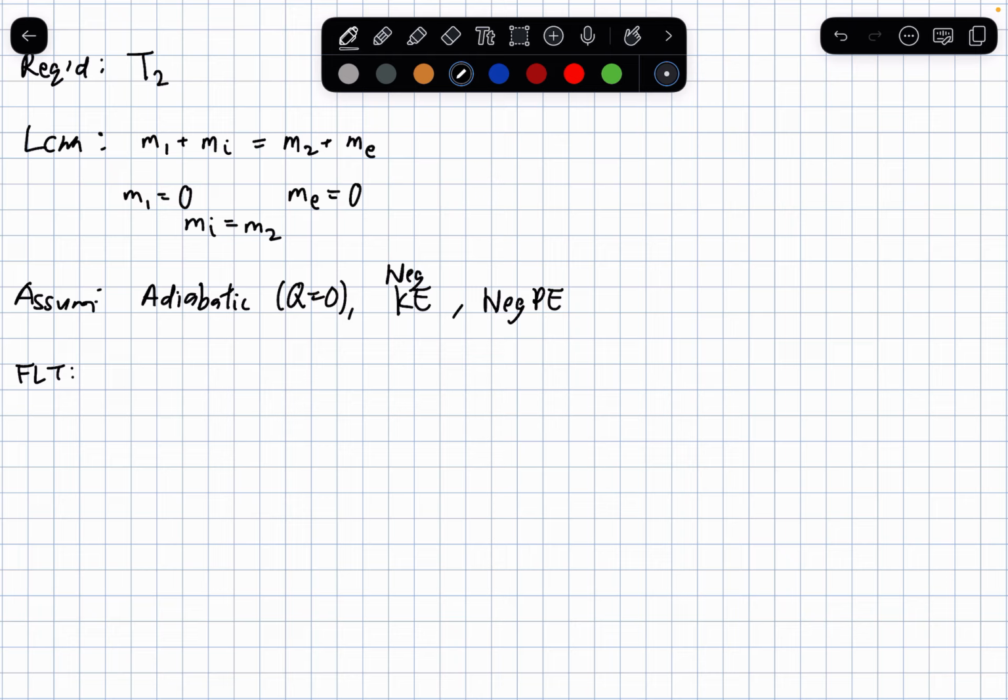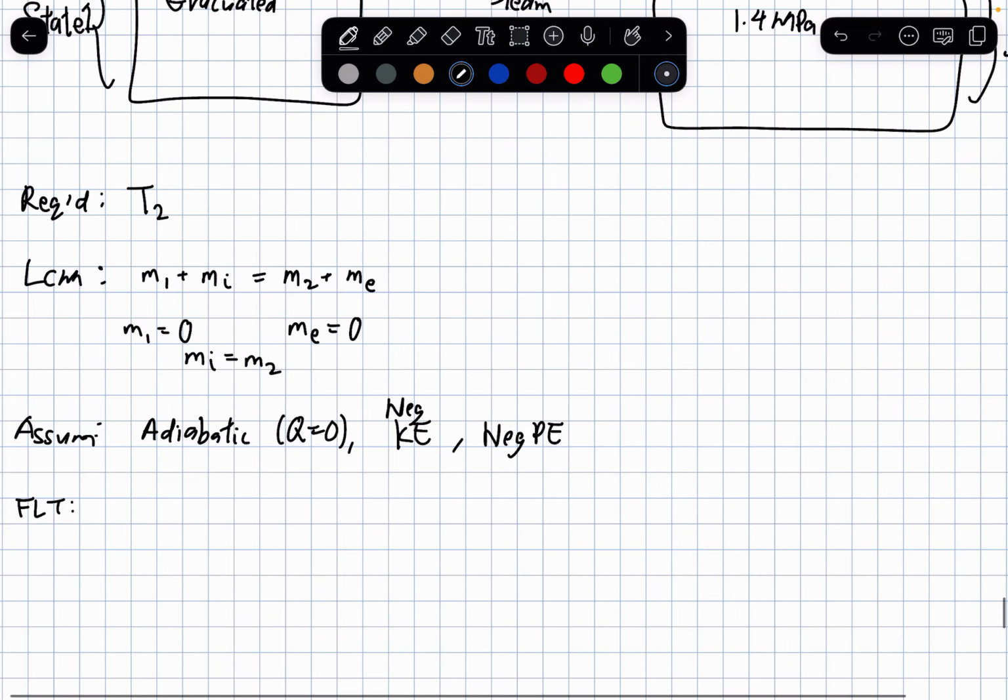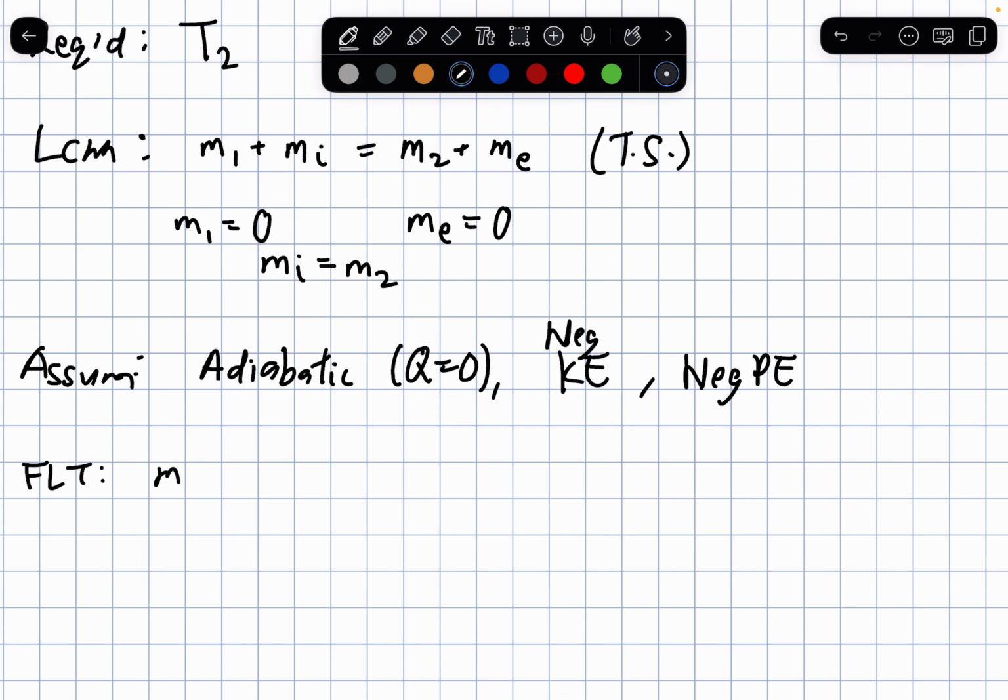Now, FLT. What's our FLT? Transient state, no? M2 U2 minus M1 U1, this is for the control volume.